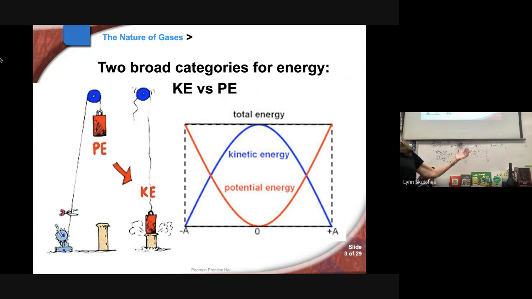Everything you will ever encounter is moving, including the table, including the counter, including everything you'll ever see that's not moving. The little particles that make it up are constantly in motion until you get to absolute zero, which we can't do, and you will likely never even get close to in your lifetime, okay?